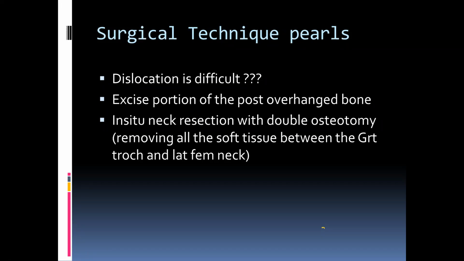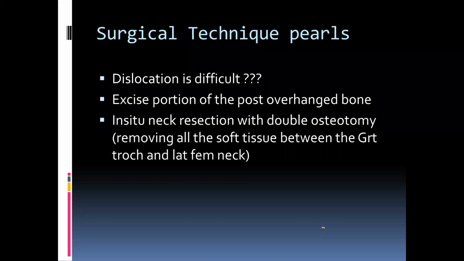This neck cut is estimated as in templating, or 1.5 centimeters from the tip of the lesser trochanter. You do the neck cut, your resection, and then you do another one proximal to this resection about half a centimeter. You take out one block from the neck and the femur can be retracted inferiorly simply.